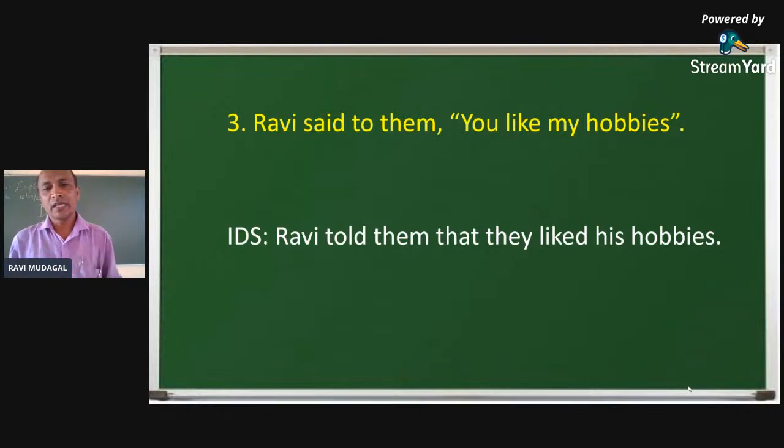The direct speech is, Ravi said to them, "You like my hobbies." The indirect speech is, Ravi told them that they liked his hobbies. Children, will you understand? Got it? Is that clear, everybody?